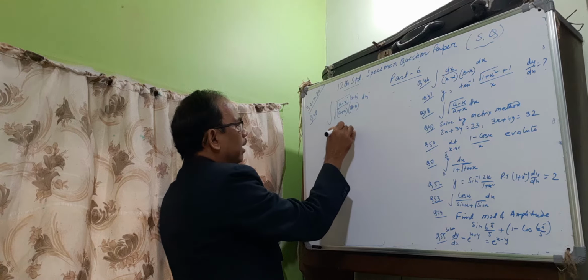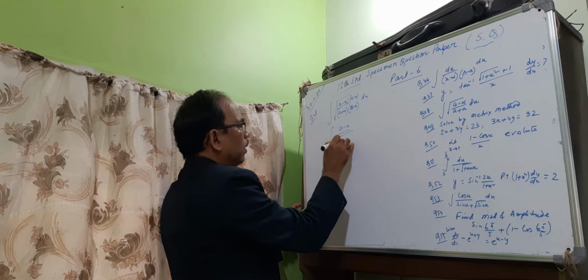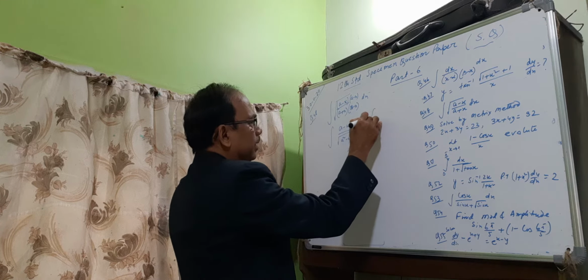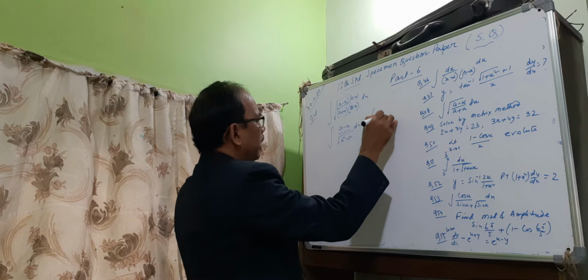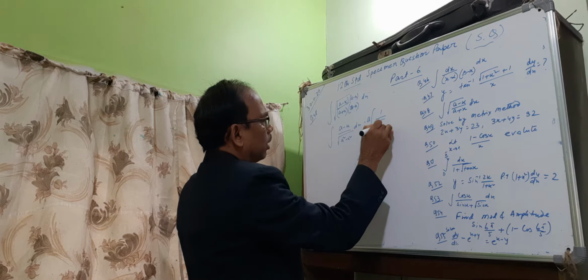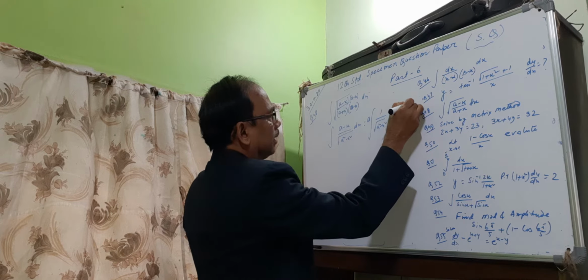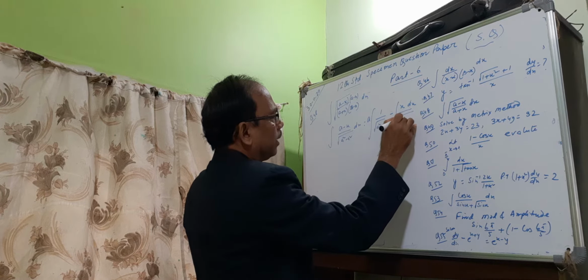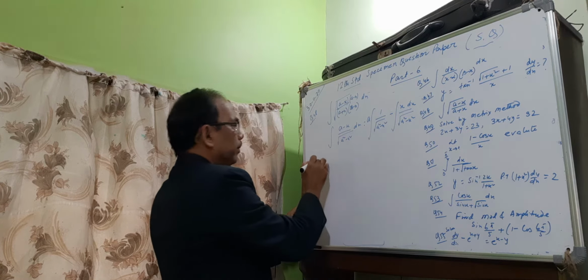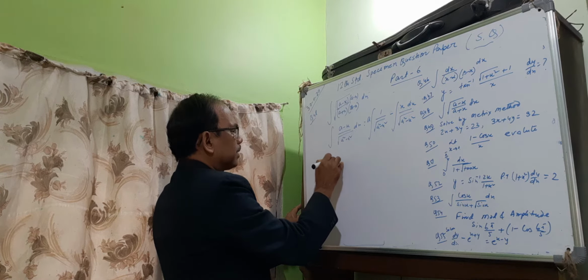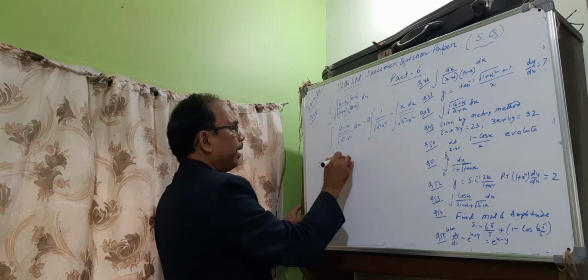Integration, that is a minus x by root over of a square minus x square dx, that is a outside root over of a square minus x square minus integration x dx by root over of a square minus x square. This is sine inverse x, that is a sine inverse x by a.